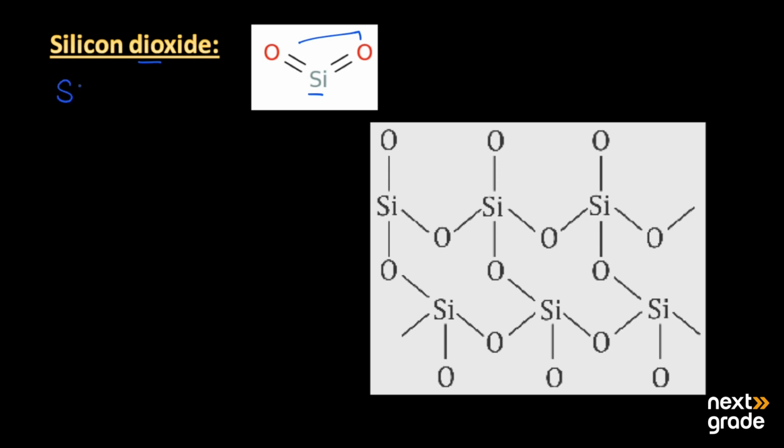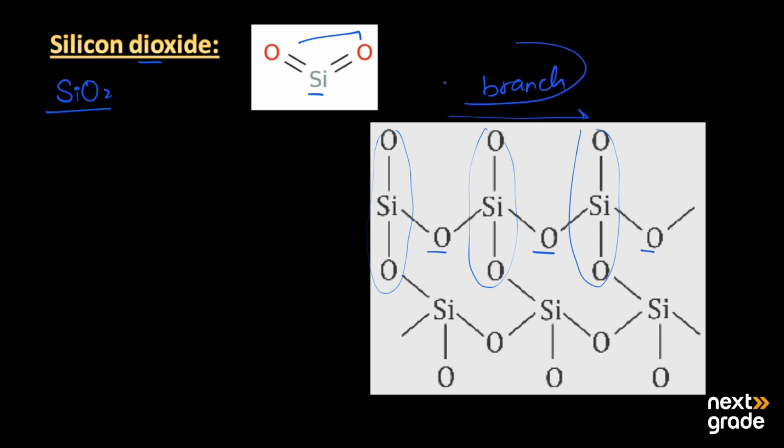Its formula is SiO2. Units of SiO2 can combine with one another, making long chains or branch-like structures, which are mainly known by the general name silica. It is probably the most common and most important compound of silicon.